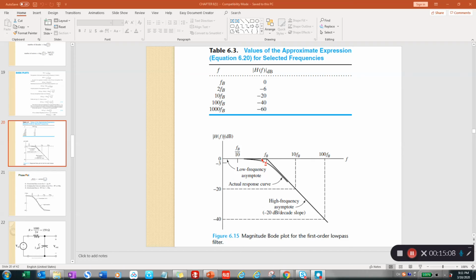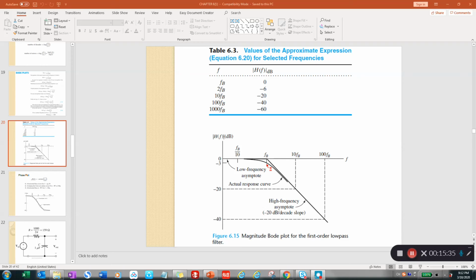If you look at this part, maybe some of the frequencies close to the break frequency will be reduced, because we know that at the break frequency, the output signal will be equal to 0.7 of your input signal. I'm talking about the amplitude.